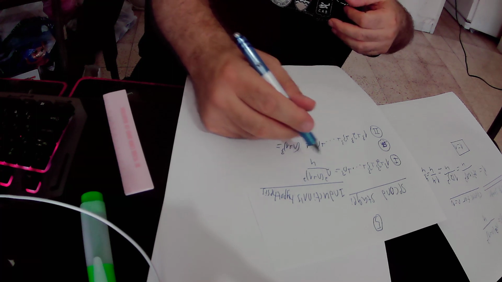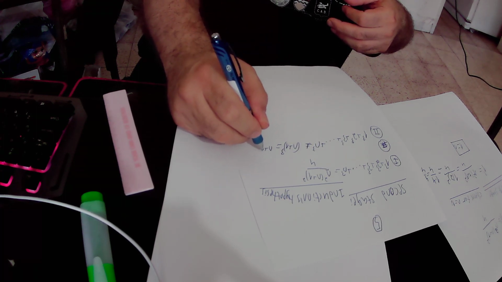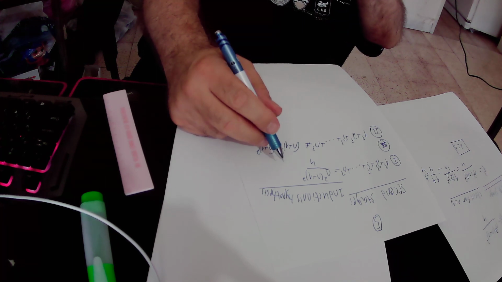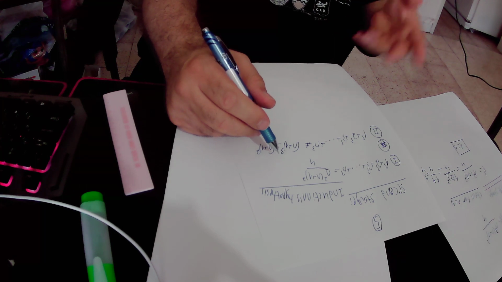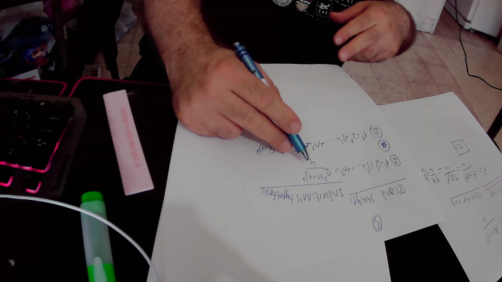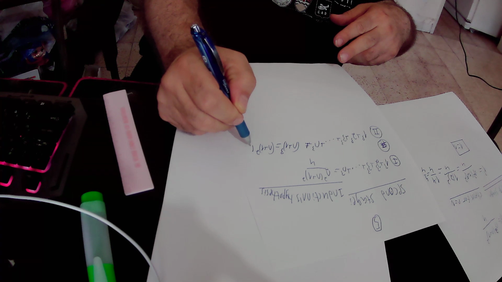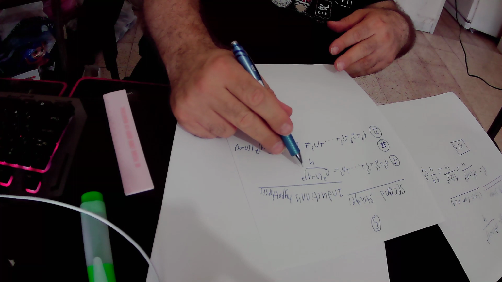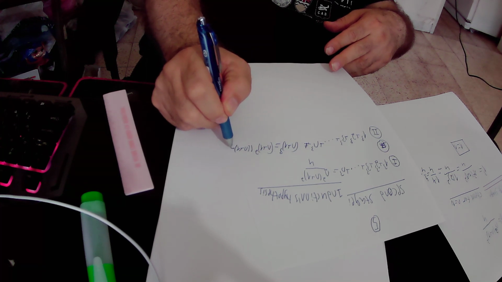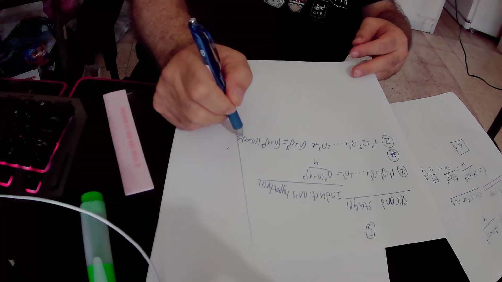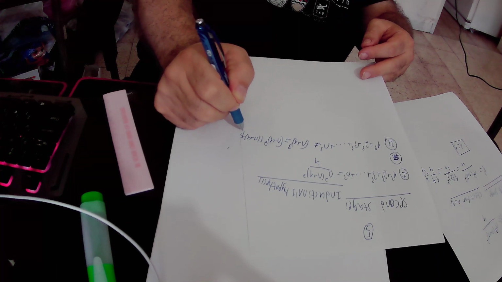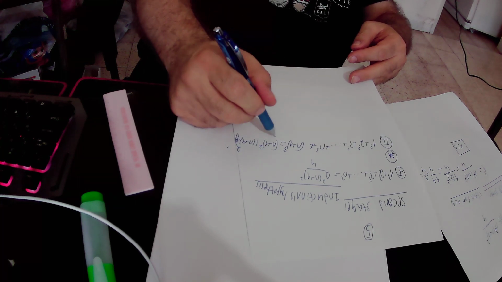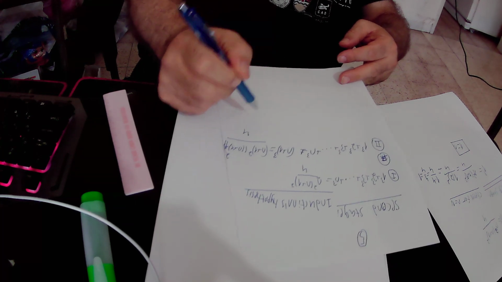So instead of n squared, we will write n plus 1 squared, and n plus 1 squared will become n plus 1 plus 1, because instead of n we write n plus 1, and in the original expression it is plus 1, so we add 1, and all squared, and we divide it by 4.